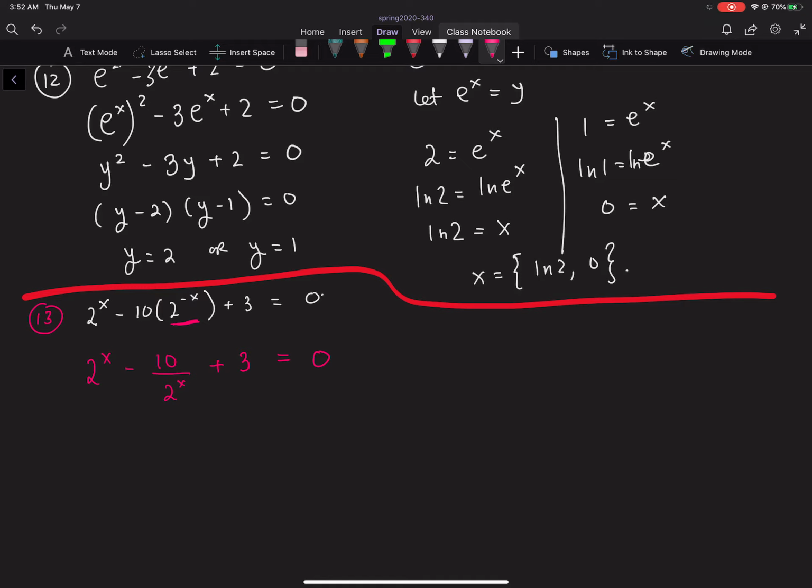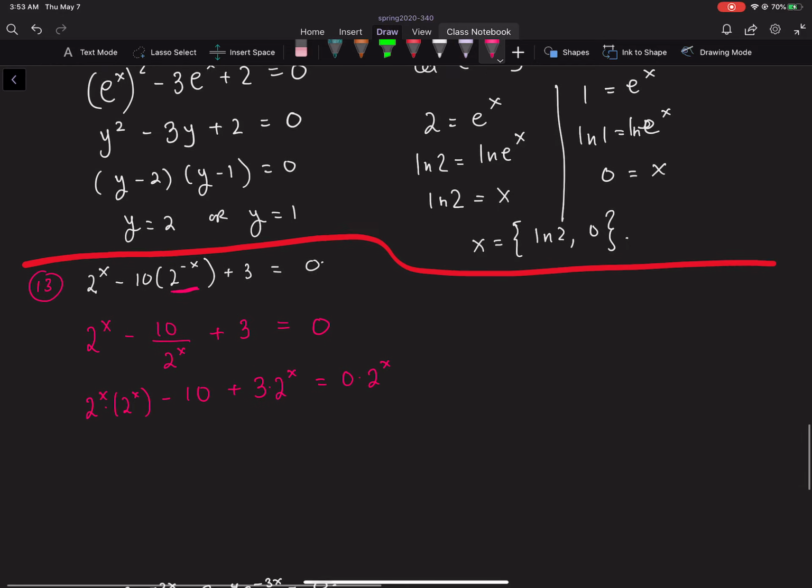Now, this is what I want us to try and do. Let's multiply through by 2 to the x so that we can get rid of the fraction in the problem set. If we do that, we get 2 to the x times 2 to the x minus 10 plus 3 times 2 to the x is equal to 0 times 2 to the x.